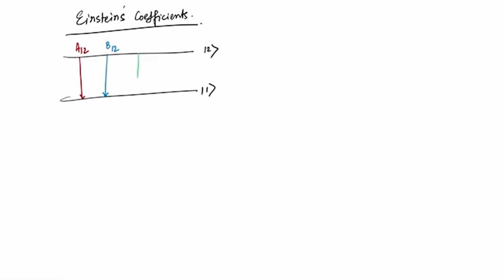So, this is B21. Okay. So, let us just define them now. So, A and B are Einstein's AB coefficients.